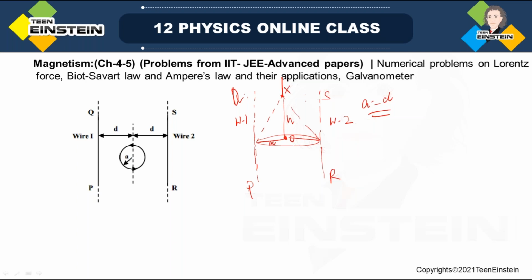Now look, in this case, obviously the magnetic field produced by these wires must be along this direction, right? So I hope you have understood this. So magnetic field has to be produced in this way.